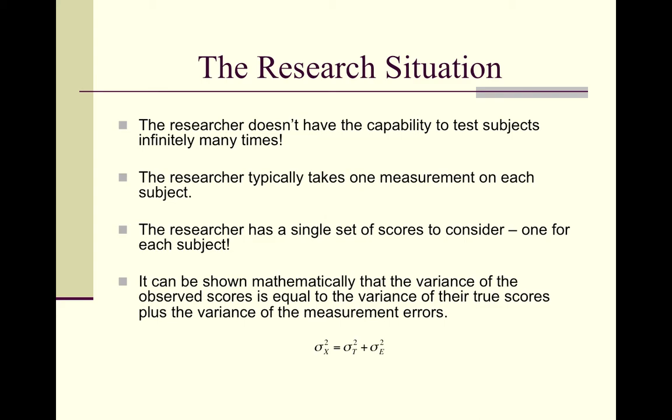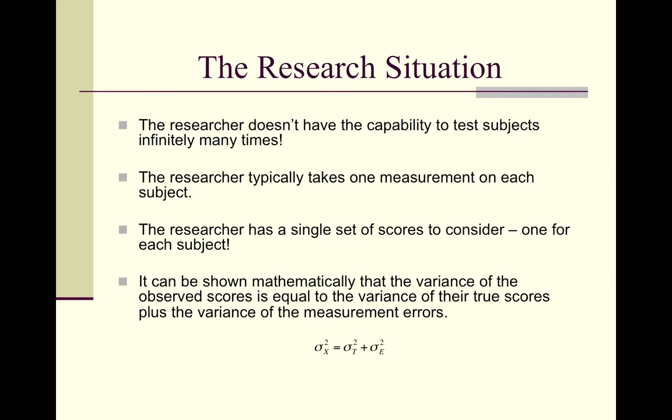We don't have an infinite number of measurements on each person. There may be another measurement taken days later, but at that particular moment, in research, we only take one measurement. So the researcher has a single set of scores to consider, one for each subject.